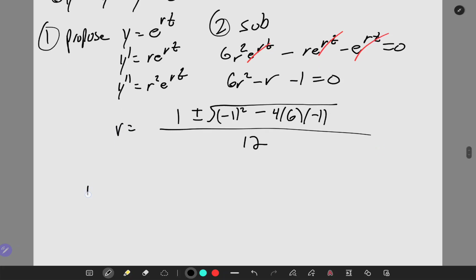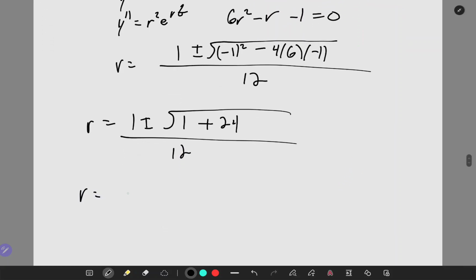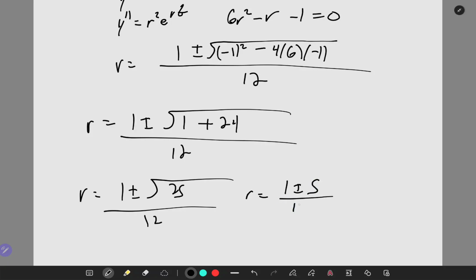So now we're left with 1 plus or minus the square root of 1 minus 4 times 6, which is 24, times negative 1, so that's plus 24, over 12. So r is equal to 1 plus or minus the square root of 25, over 12. R is equal to 1 plus or minus 5 over 12.